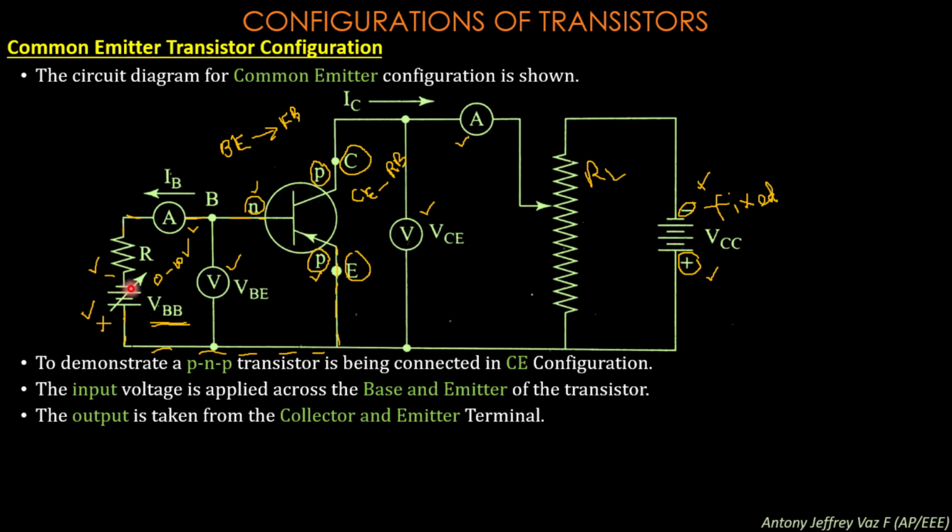This voltage VBB is represented as the input voltage of the common emitter configuration, and similarly the output voltage is taken from the collector and emitter terminals. This is the output which is measured across the load. The collector and emitter will give you an output voltage with respect to the input voltage VBB.